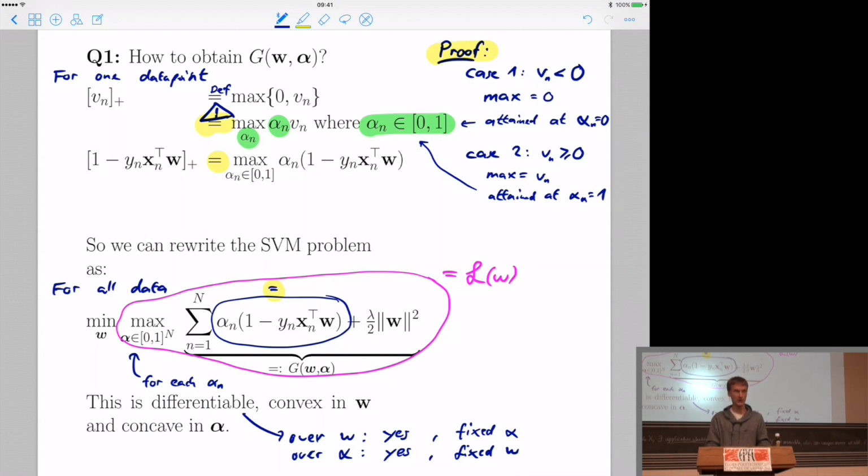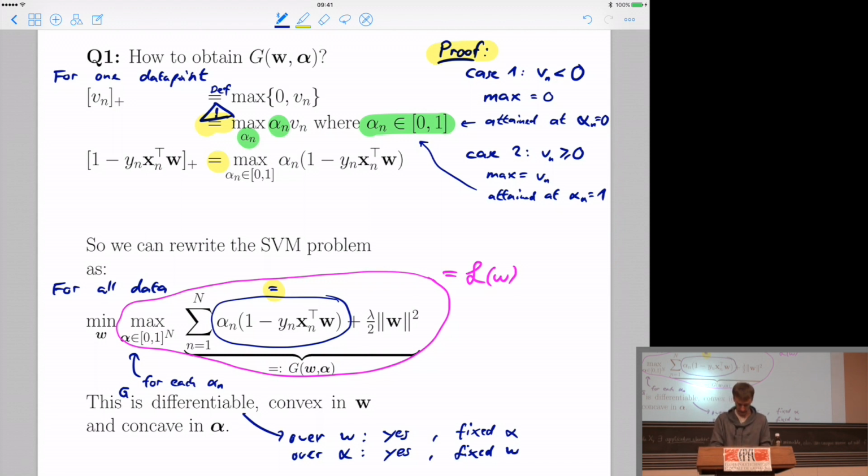If you look at this G function, we can say this already now: G is differentiable in all cases. If you fix alpha, it's differentiable with W, and the other way around. So that's one reason why it's a bit nicer than what we had before. That could be useful.